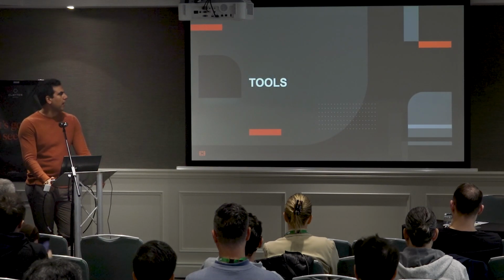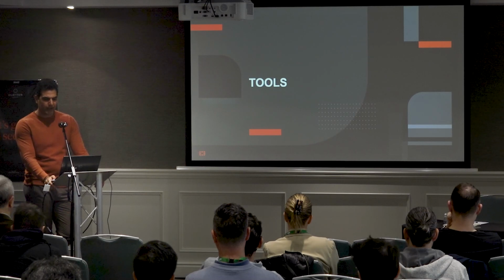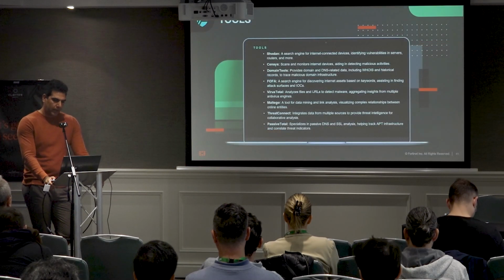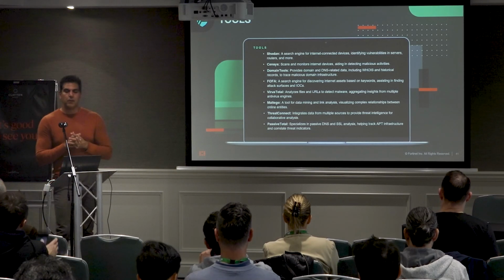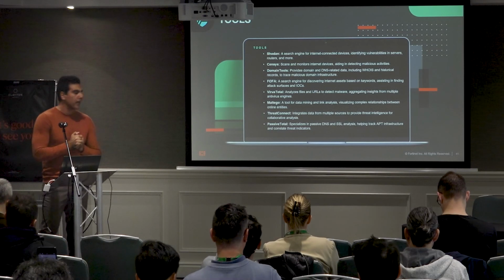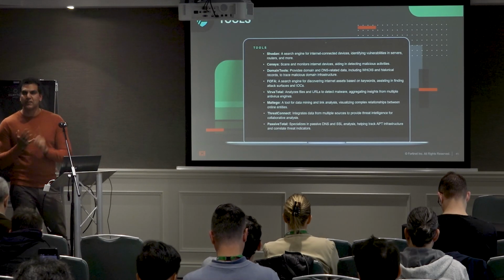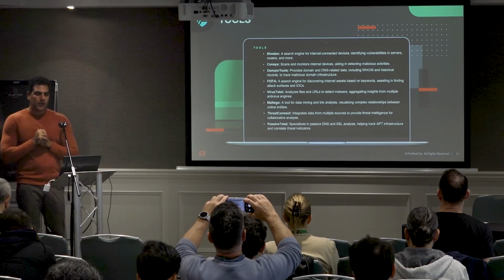And here I'm going to talk a little bit about the tools that can be useful for tracking threat actors. There are several tools available to help you track and monitor cyber threat actors. For infrastructure tracking, you can use tools like Censys, DomainTools, and Shodan, which are really helpful.